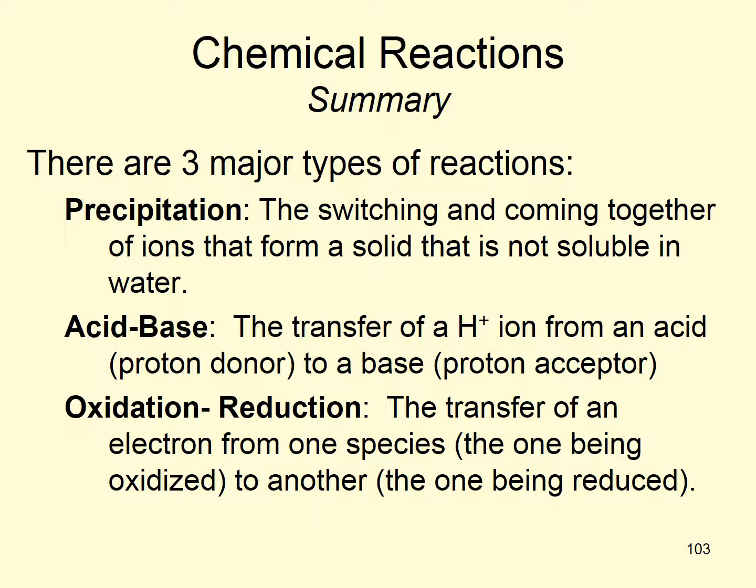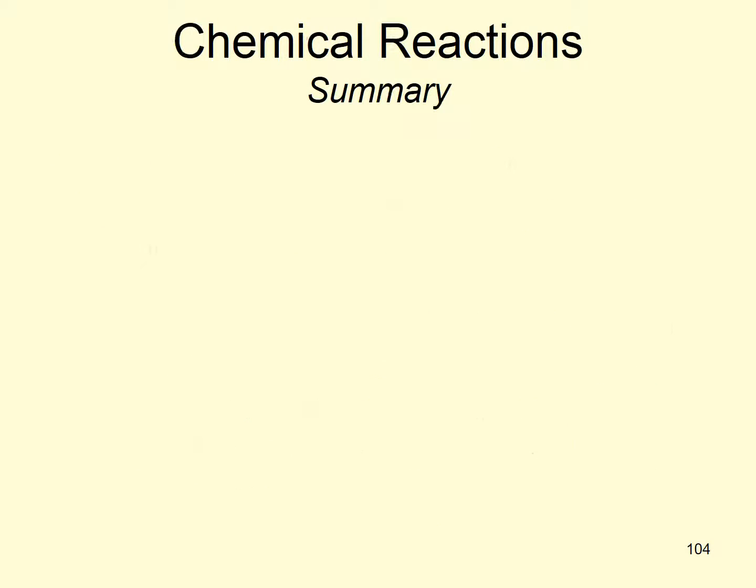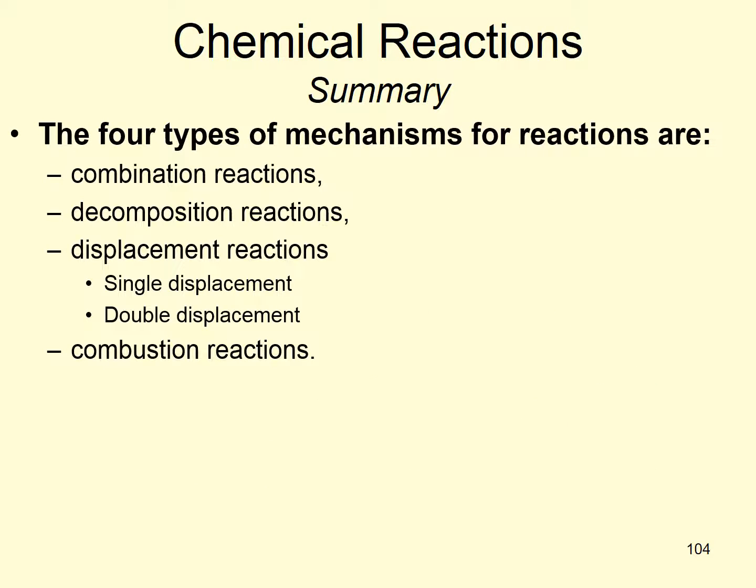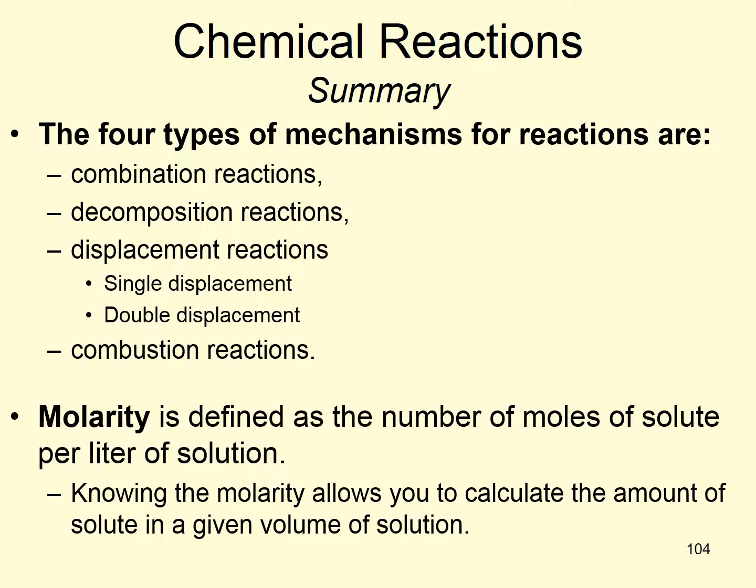And then the third one was oxidation reduction, which is the transfer of an electron from one species, the thing being oxidized, to another, the one being reduced. There were 4 types of mechanisms for the reactions: combination, decomposition, displacement, both single and double, and then combustion reactions. And then molarity is defined as the number of moles of solute per liter of solution.